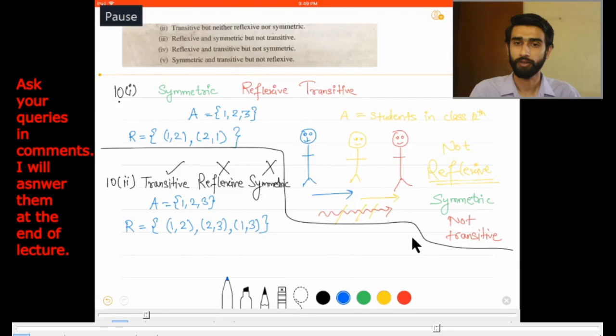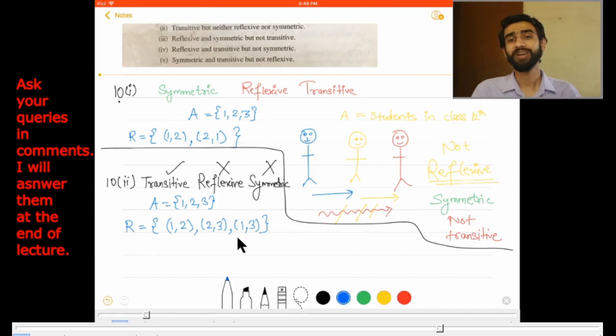Now see this carefully, because I need this to be transitive. So if I have related (1,2) and (2,3), तो पहले वाला और तीसरे वाला should be related for transitivity, and I want a relation which is transitive. That's why I added the pair (1,3) in it so that it became transitive.